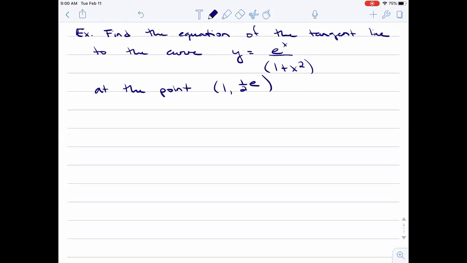Trying to keep it on the same line here, because we've got e over 2, however you want to write it, 1/2 e or e over 2. Okay, so we're going to find the equation of the tangent line to that curve at x equals 1. And I would highlight this, at x equals 1.